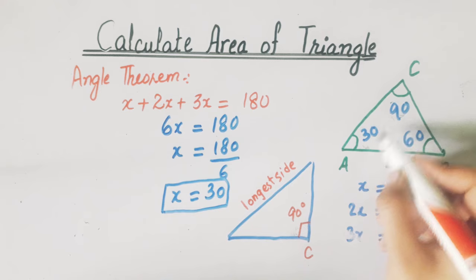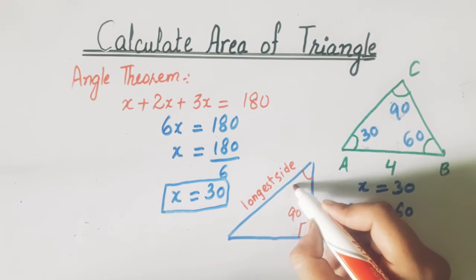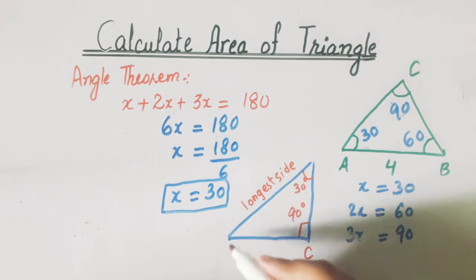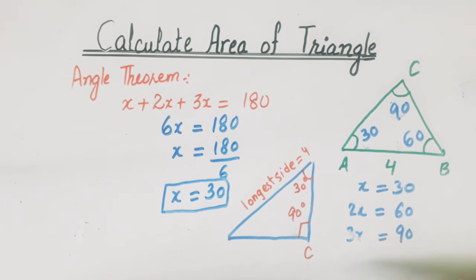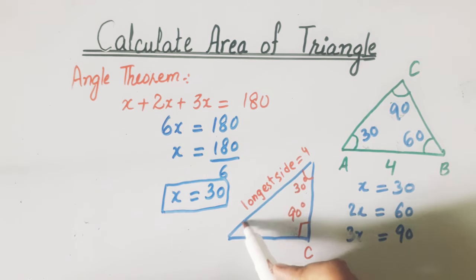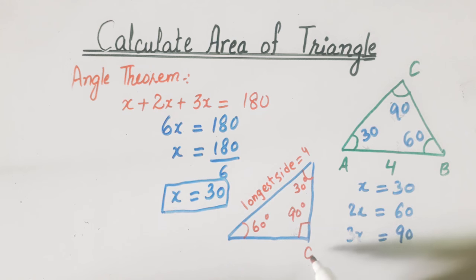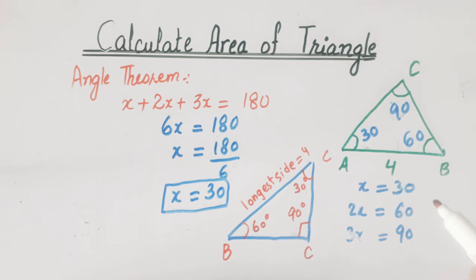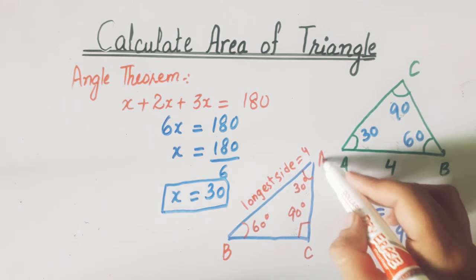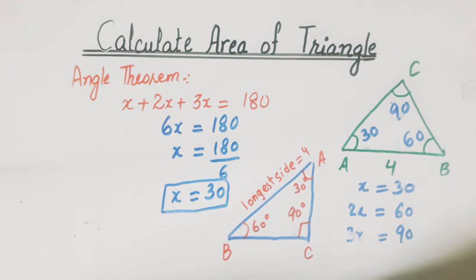This angle is 30 degrees and the longest side is given as 4, and this angle will be 60 degrees. So we will get the values as A, B and C.